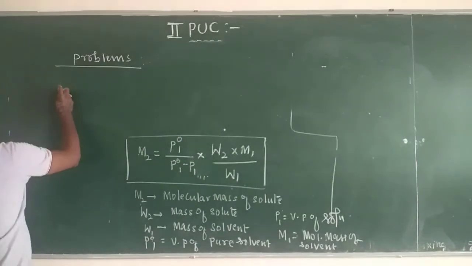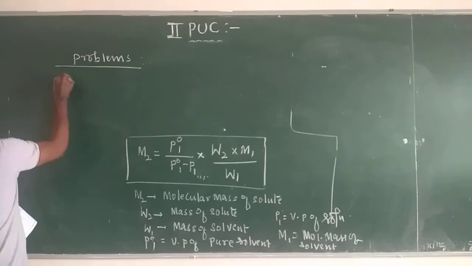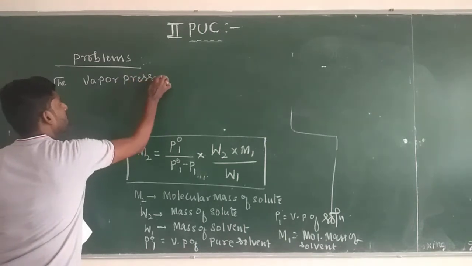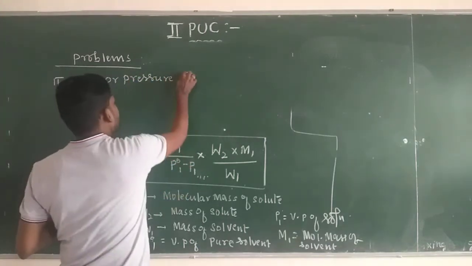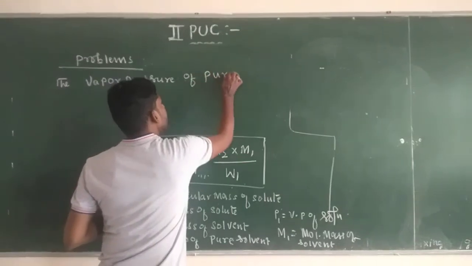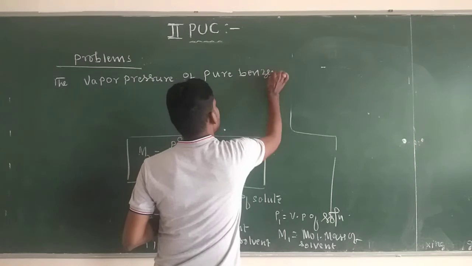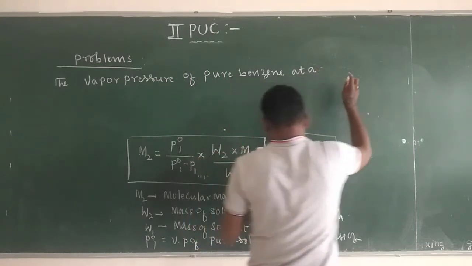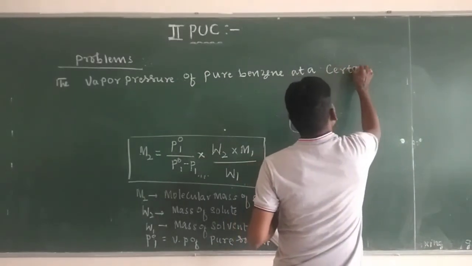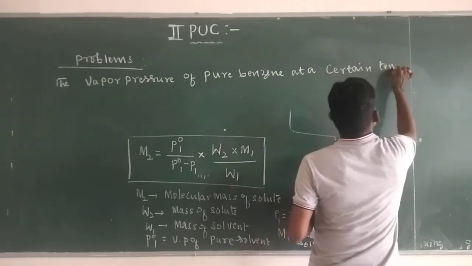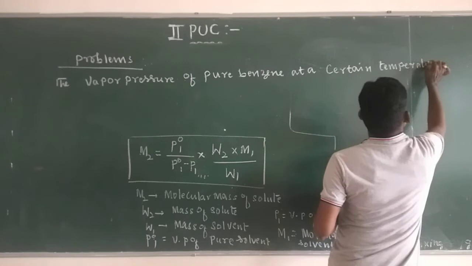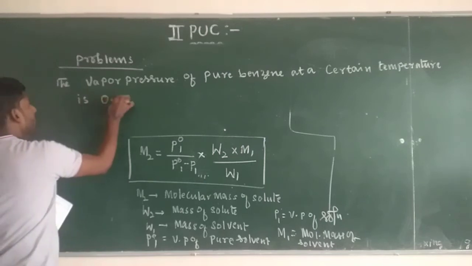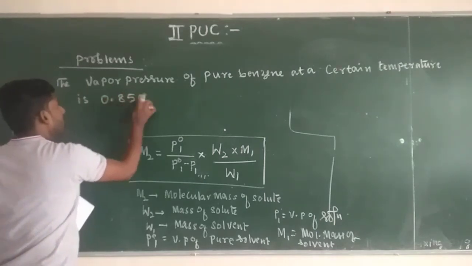First problem: The vapor pressure of pure benzene at a certain temperature is 0.850 bar.